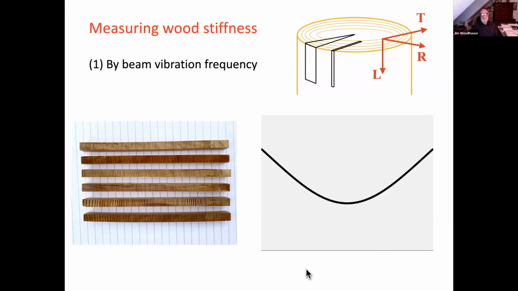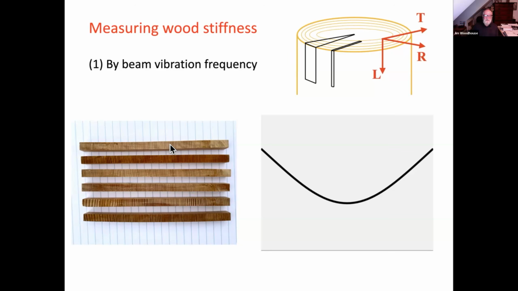So how do we measure those? Well, one way is to use the kind of little bar samples that I was talking about. So here are some spruce rectangular beams cut out of the offcuts from a set of violin tops. And we can see several things in this, but for the moment, how can we use this to measure the stiffness?